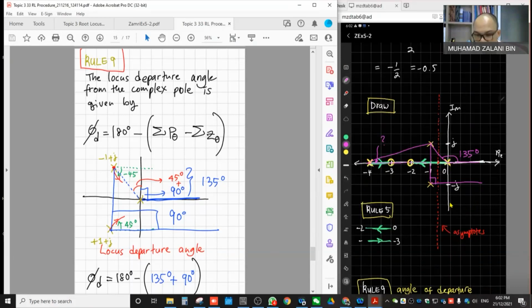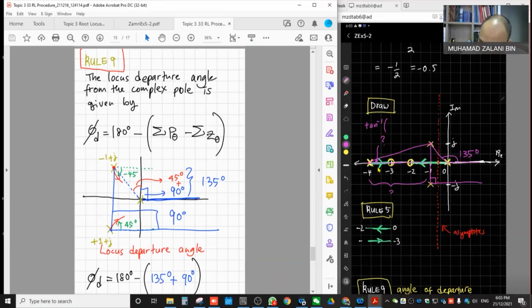To determine that angle, actually we can use arc tangent. Tangent inverse of the vertical magnitude, which is 1 here, plus j. So this is 1, and from -4 to -1, it's 3, right?